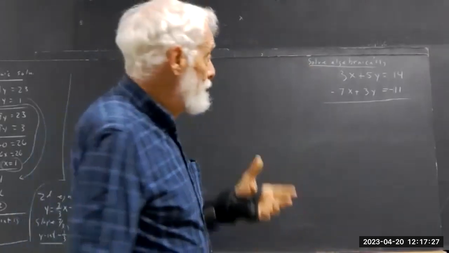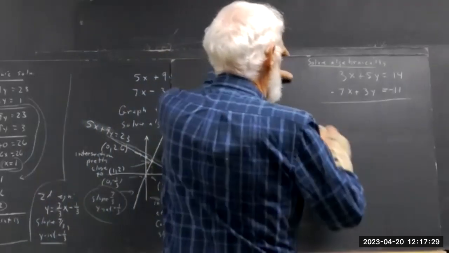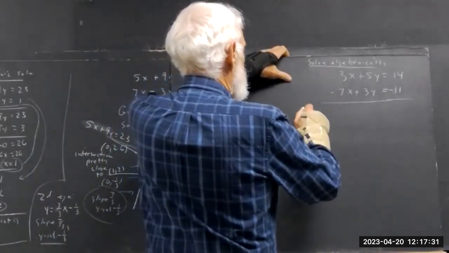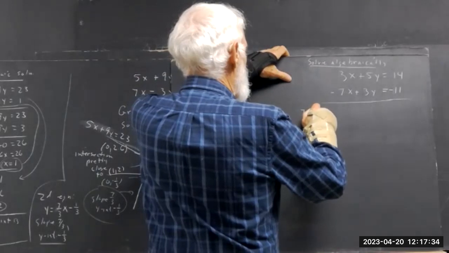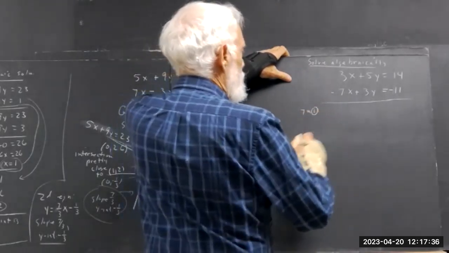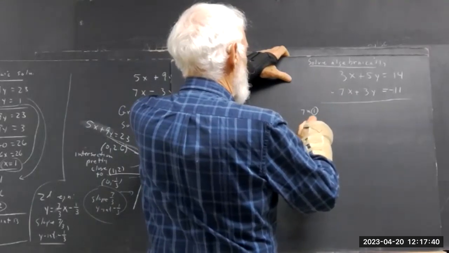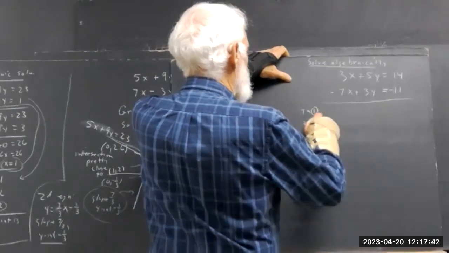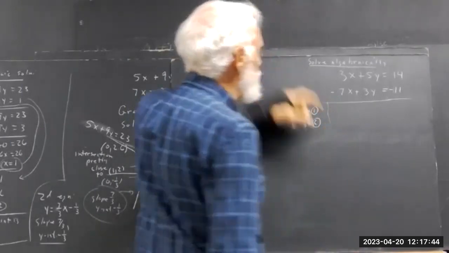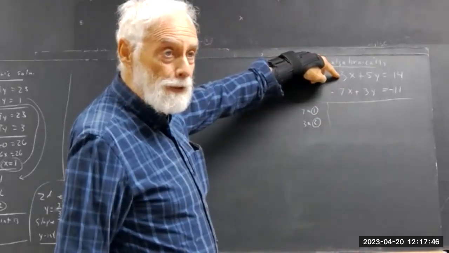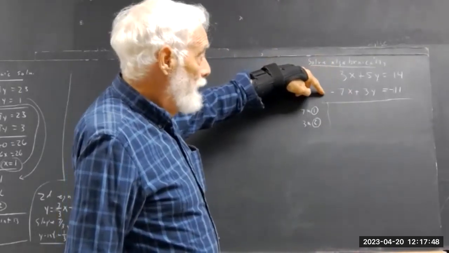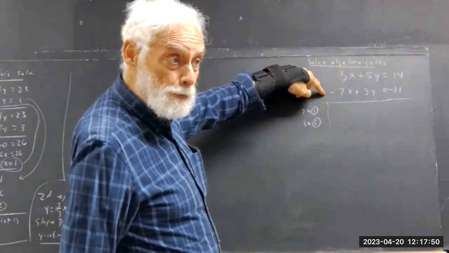I have to multiply the first equation by 7, and the second equation by 3. Because if I multiply 3 by 7, I get 21. If I multiply -7 by 3, I get -21.